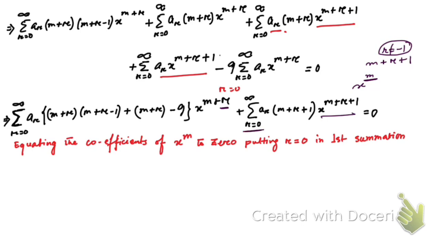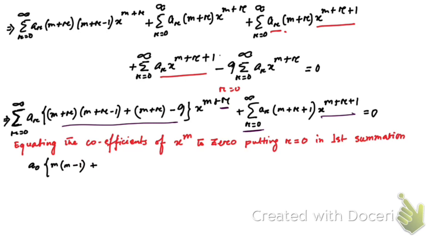So that's why we're going to ignore this part. As r starts from 0 to infinity, this is a positive integer, so we cannot put r equal to a negative number. That's why we're going to take the coefficient only in this term. So hope you have understood this. And doing so, we're going to have this result.